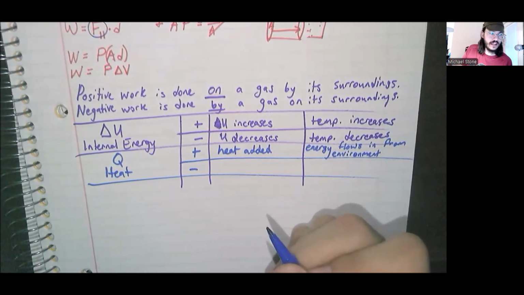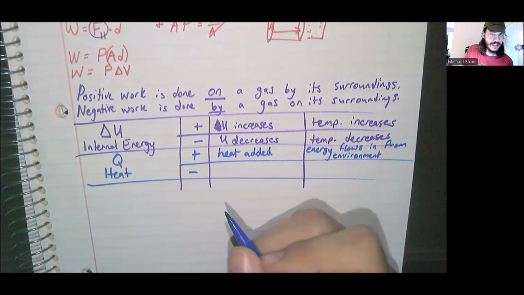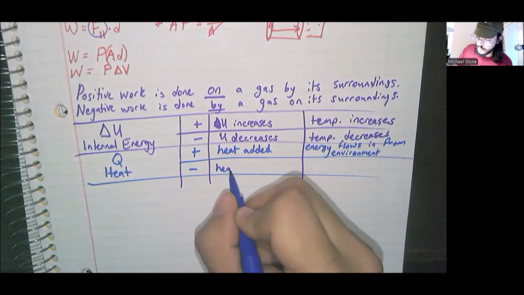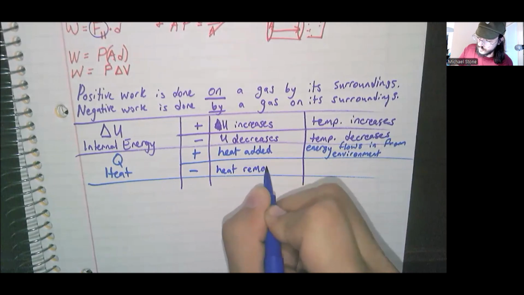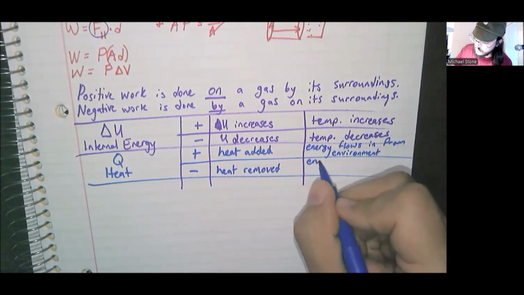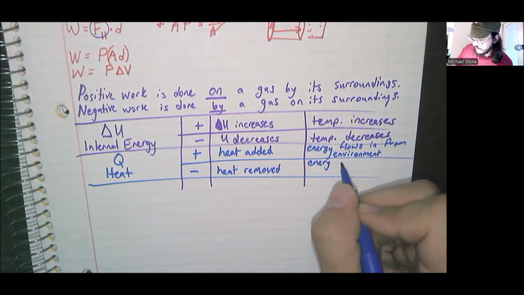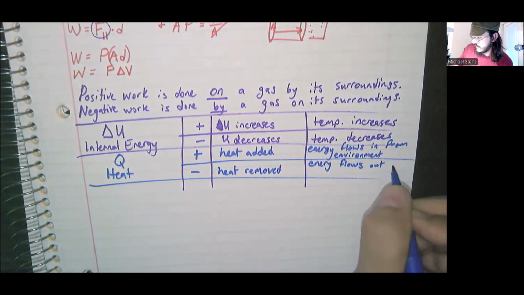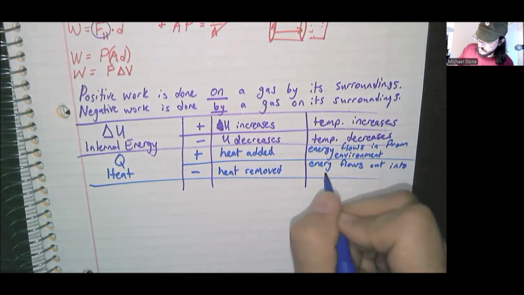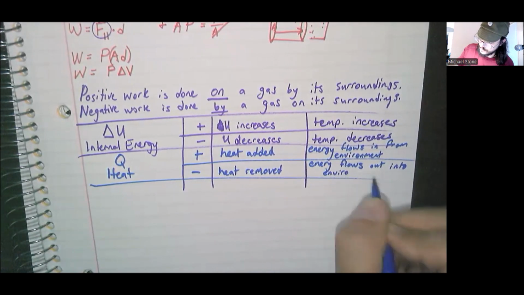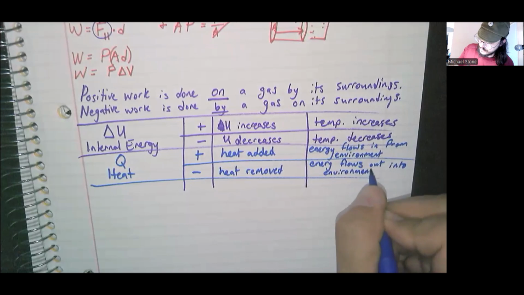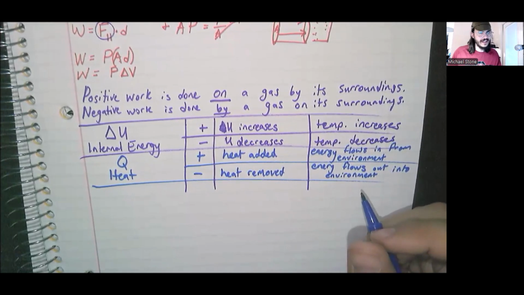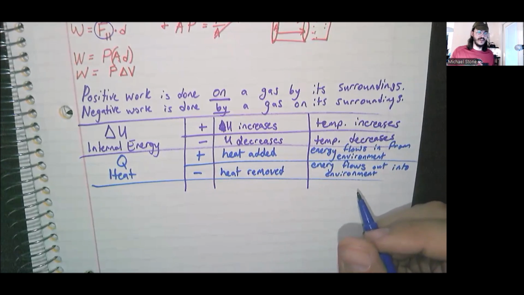There's an outside heat source putting in energy in the form of heat. If Q is negative, then we know that means that heat was removed, and that means that energy flows out into the surrounding environment. So your piston, if it is not insulated, loses heat to the environment.